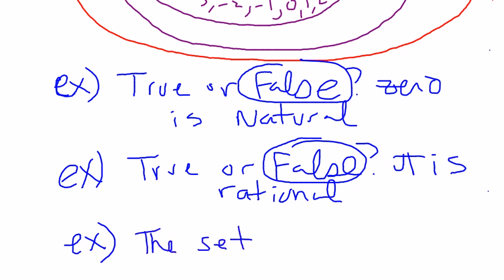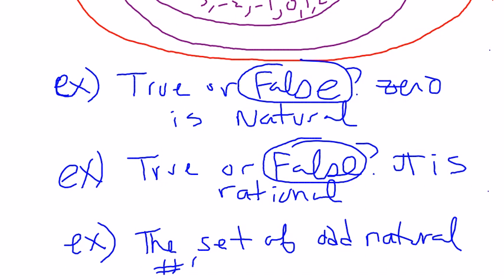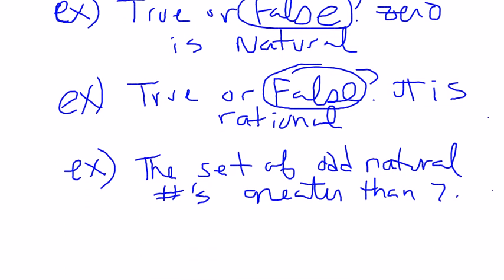So the set of odd natural numbers greater than 7. And we want to just kind of express that using set notation. So you think about natural and you say, okay, if they're natural, they're not decimals or fractions. And greater than 7, so you can't actually include 7. So what would that set look like?